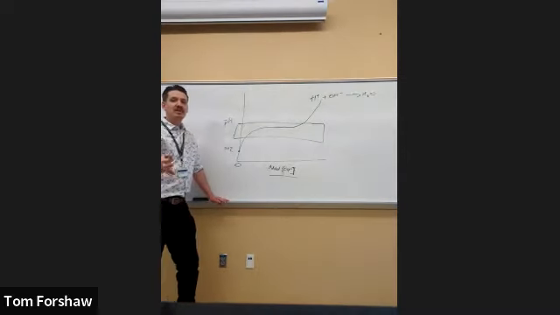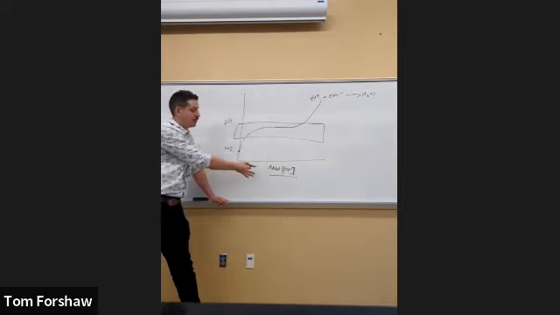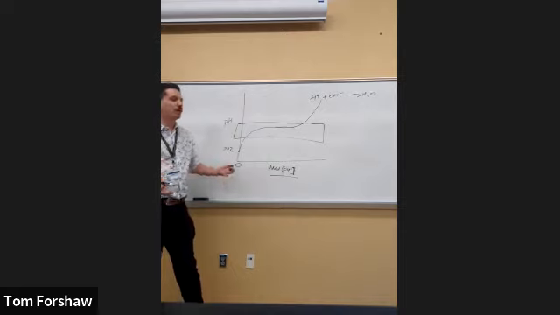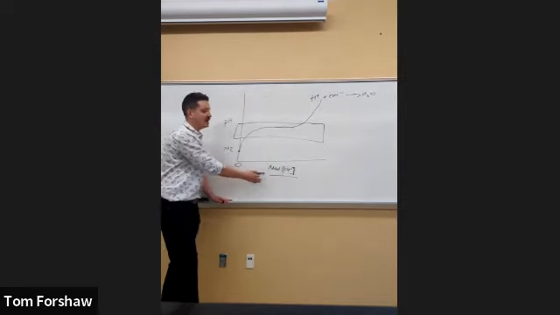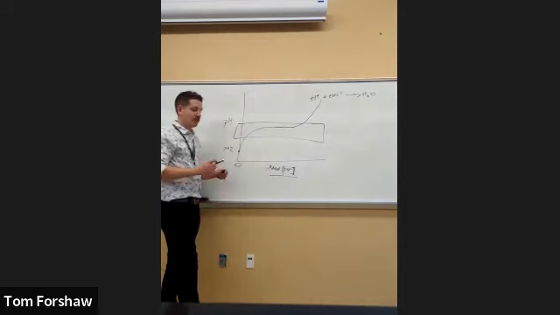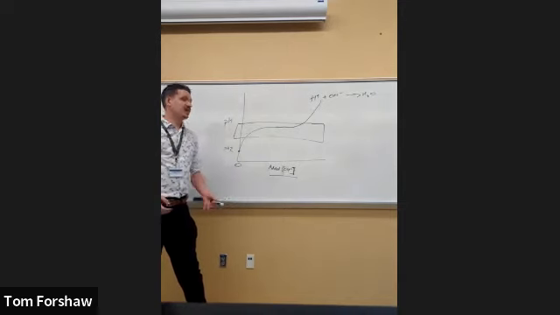A buffer is when a weak acid is able to soak up, I'm using very informal terms here, but just to communicate the point, a buffer is when a weak acid is able to soak up the hydroxide ions or the base. A base is just a proton acceptor, but often it's a hydroxide ion.